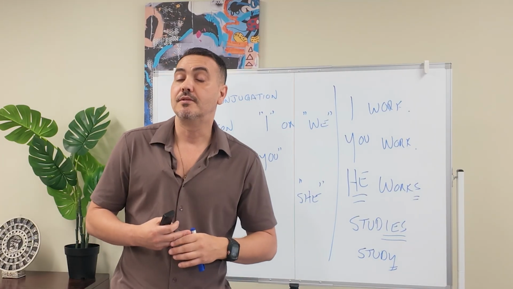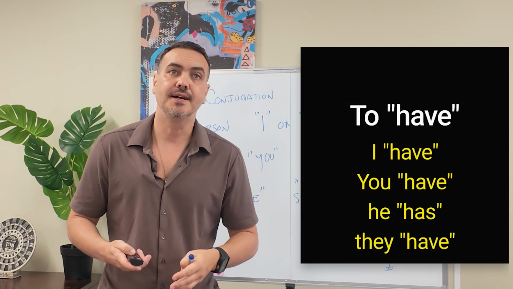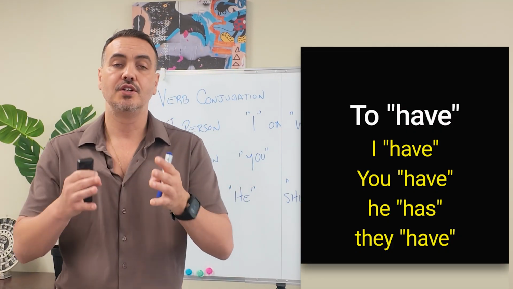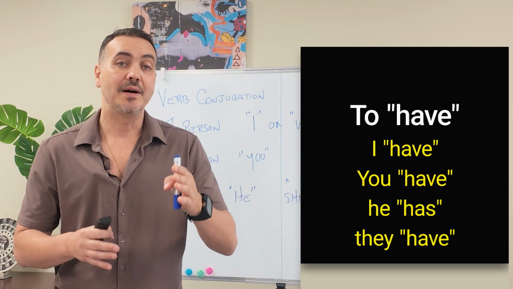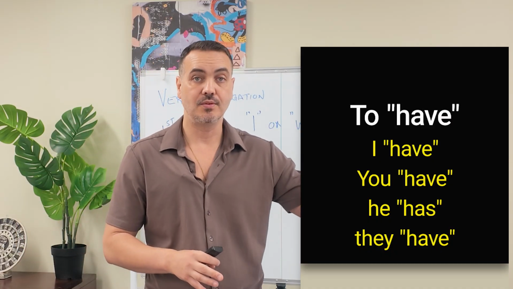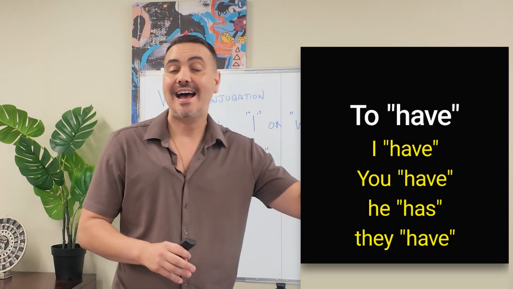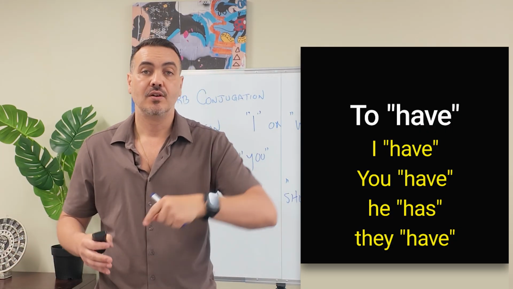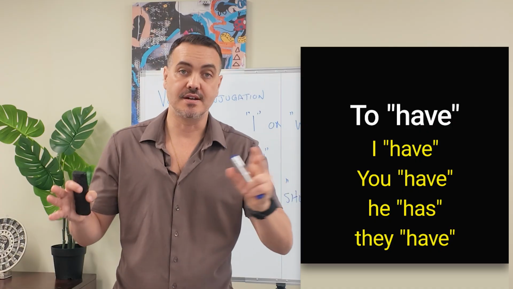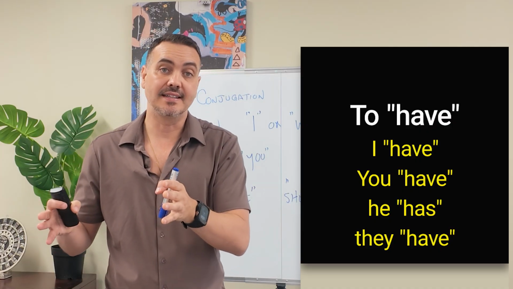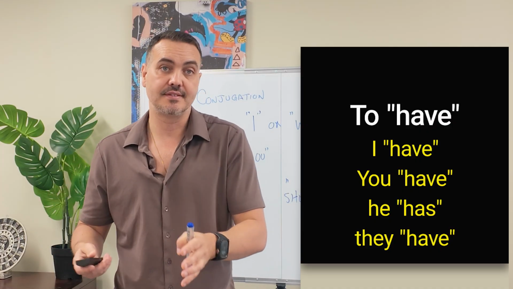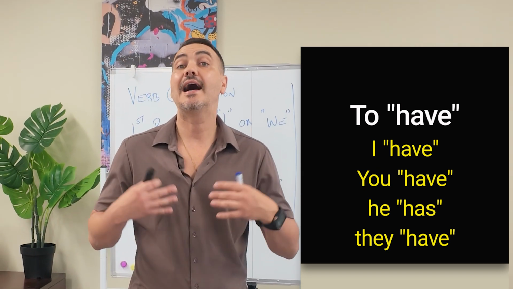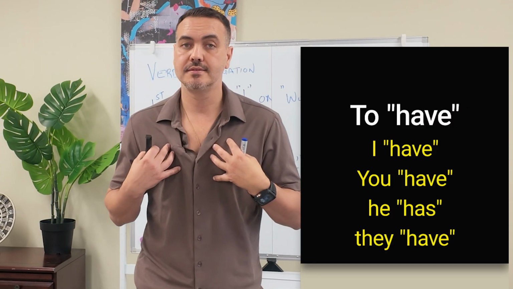Now let's go to the verb to have. Okay? We say, I have. You have. But he has, with an S at the end. She has, or it has. We have, with a V-E at the end, okay? They have, okay? So let's look at some examples. I have a book.